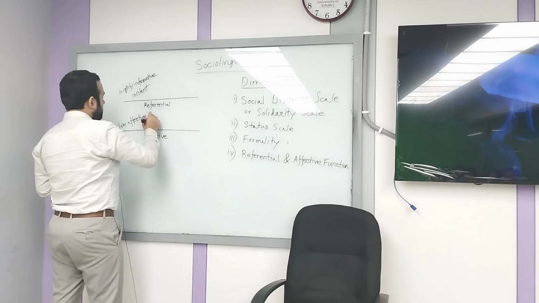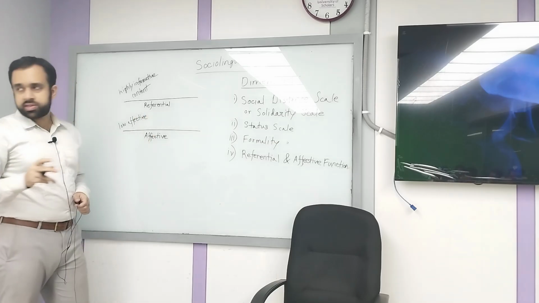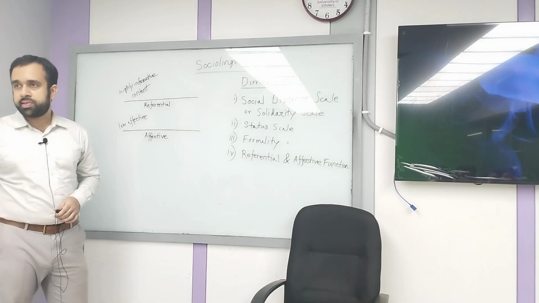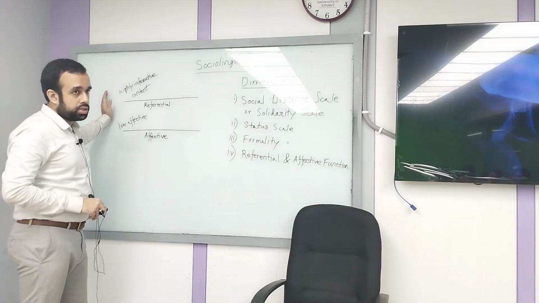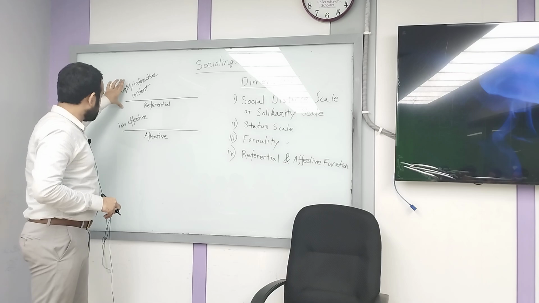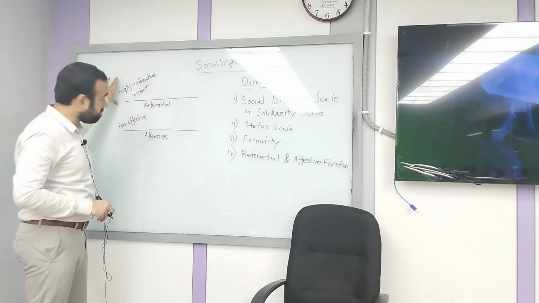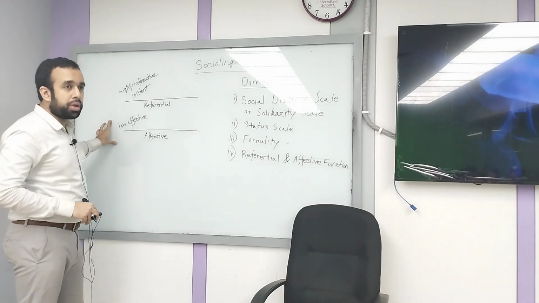You can alter the scale, as you said last class. If you alter the scale, you need to maintain the chronology: if the conversation is highly informative, then the effectiveness will be low.